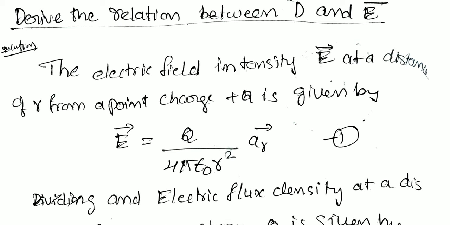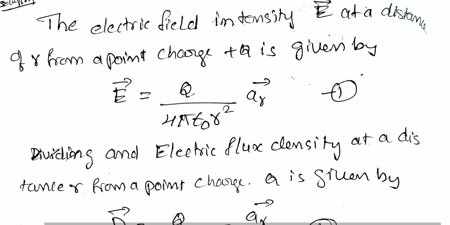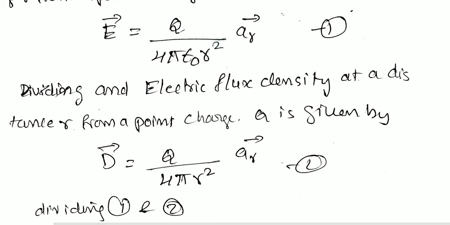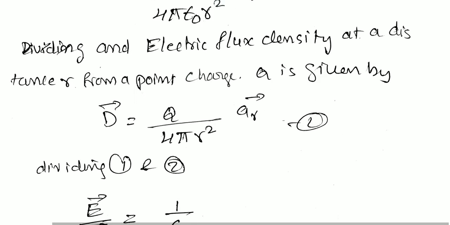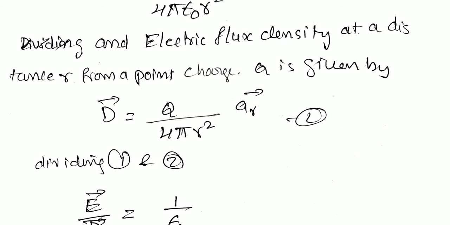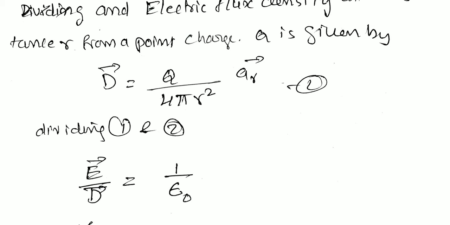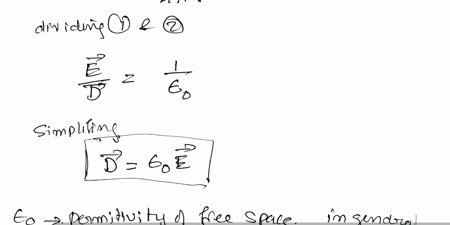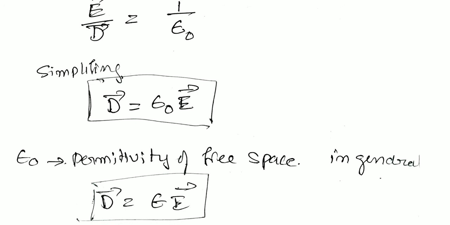Now let us relate both of them. E, the electric field, is given by the formula Q divided by 4 pi epsilon naught r square into ar, and electric flux density at a displacement r from the point charge Q is given by D is equal to Q divided by 4 pi r square into ar. So if I divide equation 1 and 2, we get a value of 1 by epsilon naught, Q everything will cancel, only 1 by epsilon naught will remain, and after rearranging, the value of D is given by epsilon naught into E. So epsilon naught is nothing but the permittivity of free space.